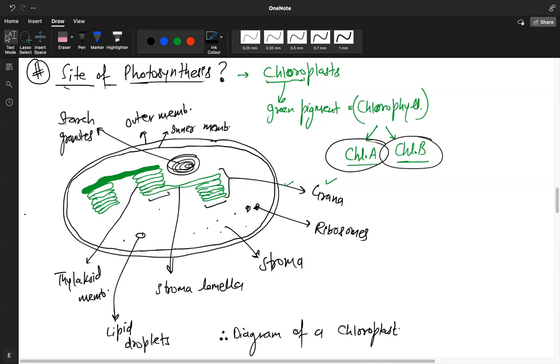The oxygen should be released out, right? It should actually go out. Oxygen has to ultimately leave the whole chloroplast, and finally it has to leave the whole cell and the whole leaf. It has to go into the atmosphere, right? So why does it go to the lumen?